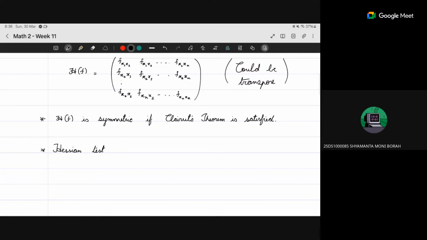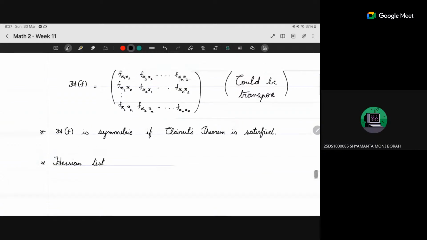Yes, it's actually the other way. This is x2 x1, this is xn x1, this is 1 2, 2 is fine, n 2, 1 n, and xn xn.